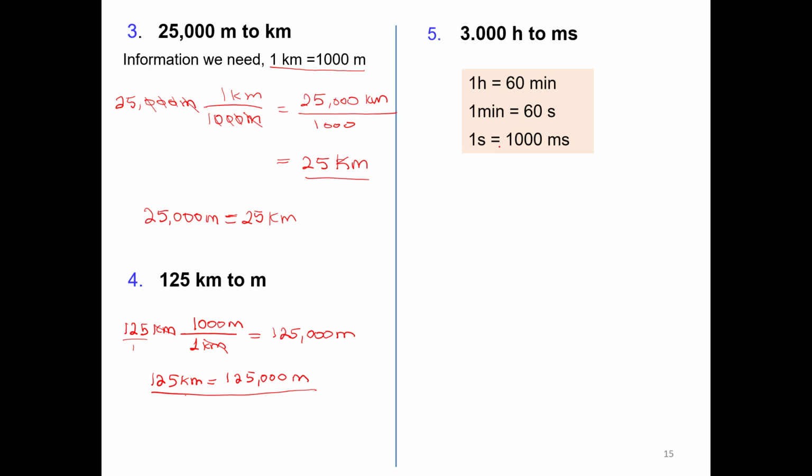Then we can use 1 second equals 1,000 milliseconds, and the other conversion factor you can use in this case is 1 millisecond equals 0.001 second. But it's easier to remember this. You can use either this one or this one. They are the same. You will get the same answer.